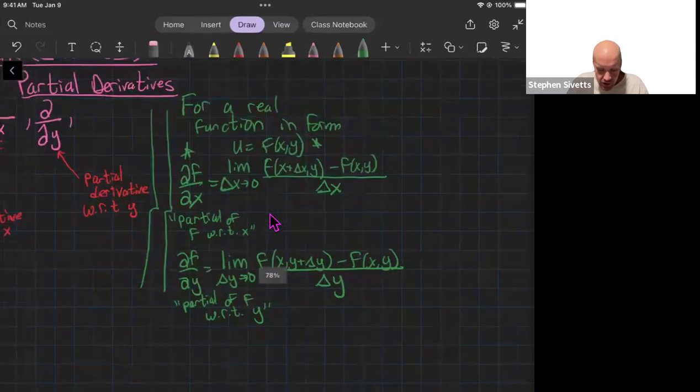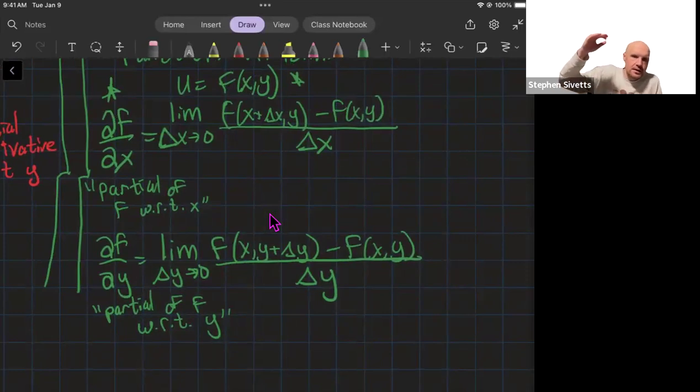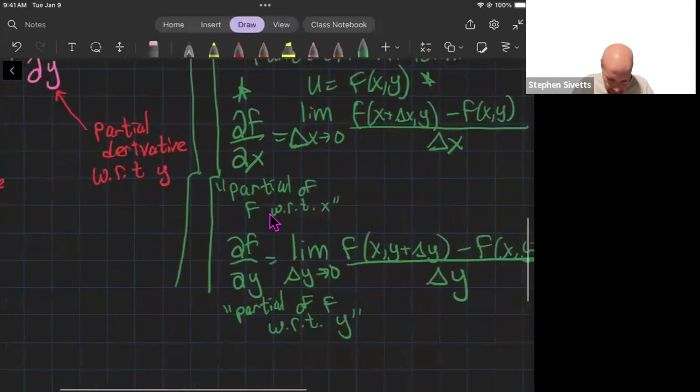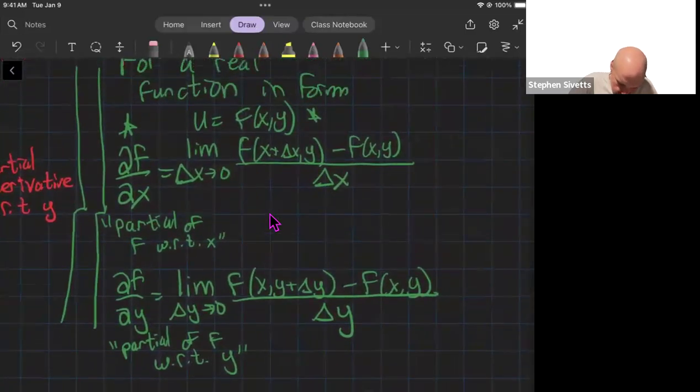Okay. So if you have not seen this in Calc 3, don't worry. What this means is you are going to differentiate the function in terms of that variable, and then you're going to leave all of the other variables constant. I'll show you an example on how we would do that, but for now you can just take my word for it.